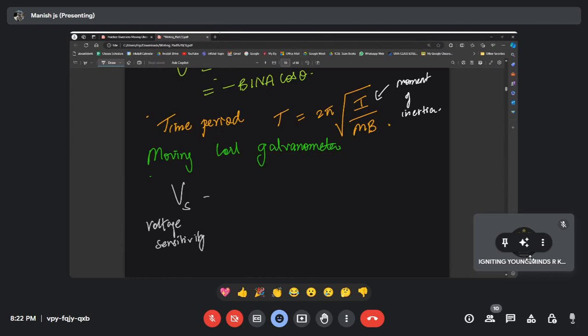The voltage sensitivity of a moving coil galvanometer is proportional to the number of turns upon resistance, N upon R, the number of turns per the resistance of the coil. So this is the voltage sensitivity of the moving coil galvanometer.